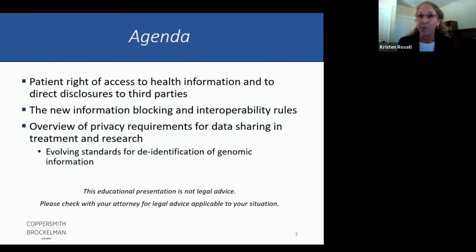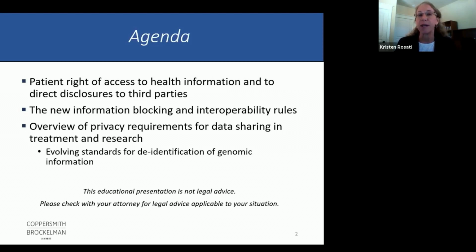Second, I'd like to cover brand new regulations called the Information Blocking and Interoperability Rules. And third, I'd like to give you a very brief overview of the privacy requirements for data sharing for treatment and research, which are significant to oncology treatment and research. And in particular, I'd really like to focus on the evolving standards of de-identification of genomic information.